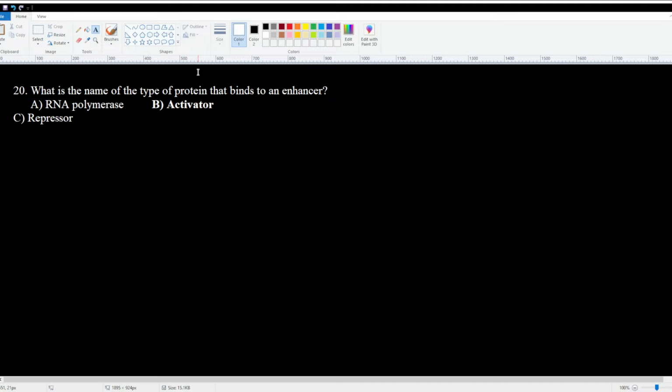If we're enhancing the transcription of a gene, then we're not going to be repressing it, obviously. And since we're not enhancing necessarily RNA polymerase, because RNA polymerase is doing its own thing, right?